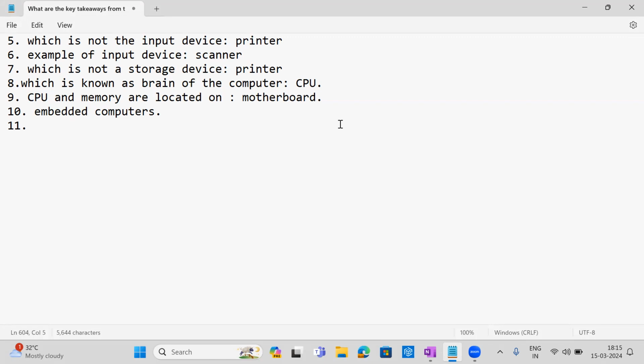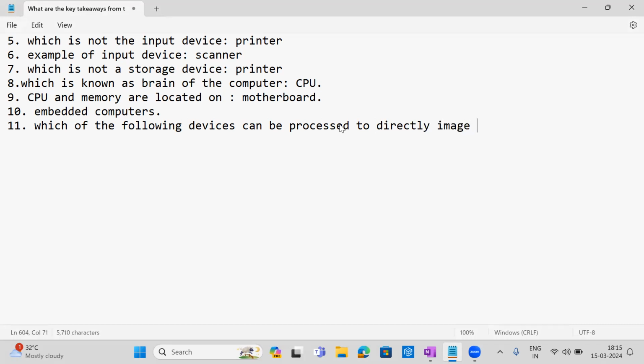Is it OCR, OMR, MICR, all of the above? It is OCR.